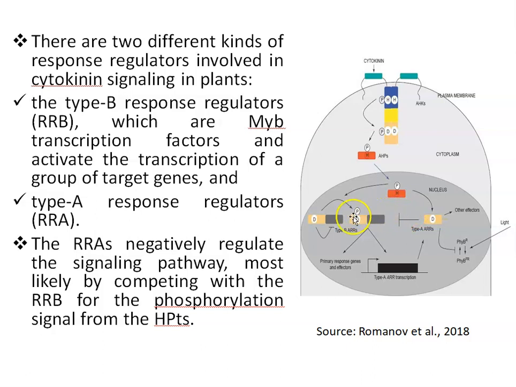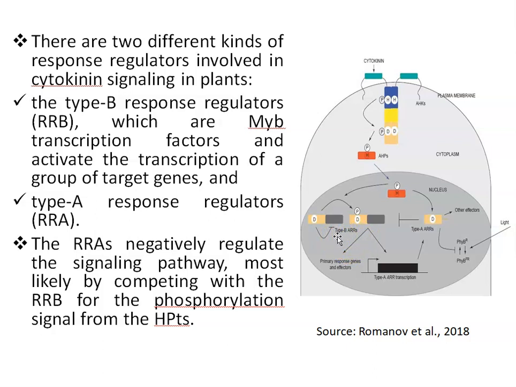There are two different types of response regulators. Just look at this diagram. Here, this is nucleus, plasma membrane, cytoplasm, and nucleus, right? So, response regulators are present in the nucleus. And this CHASE domain, this is on the plasma membrane, right? So, two different kinds of response regulators involved in cytokinin signaling in plants. First is type B response regulators, RRB, right?